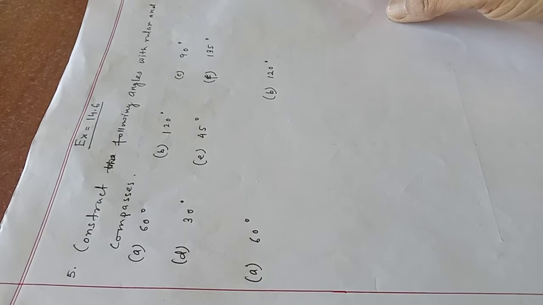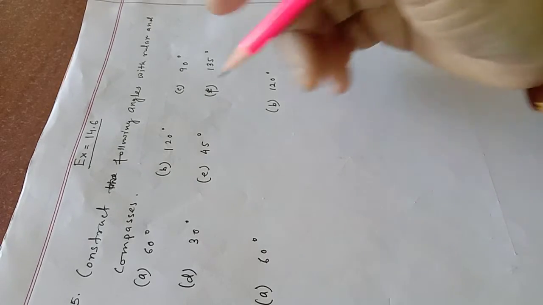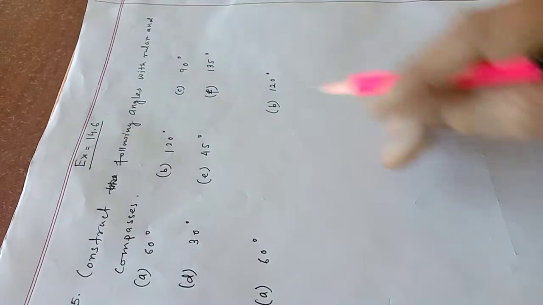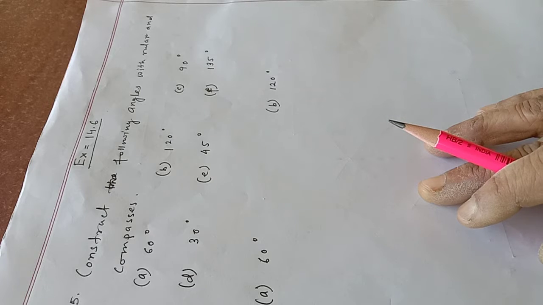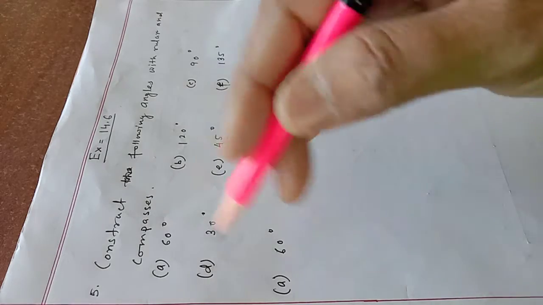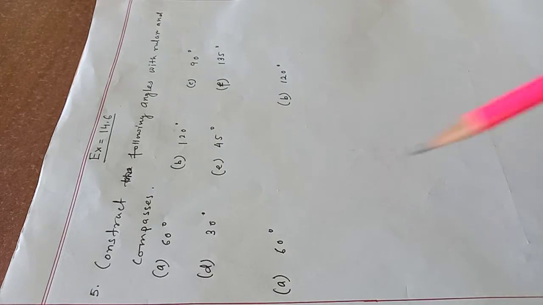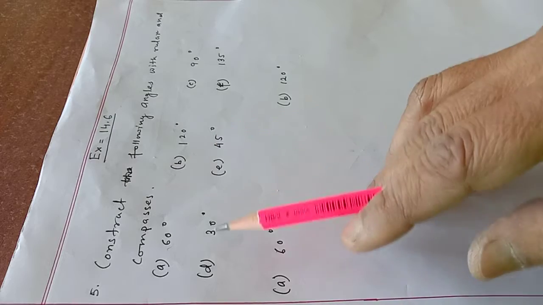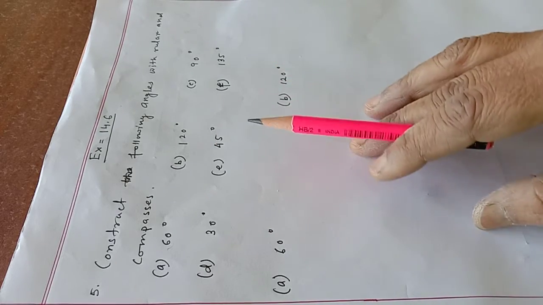Today we will do exercise 14.6 from your practical geometry, and this is the last exercise. Here you will learn a very important thing: how to draw the following angles, which you have drawn before by using a protractor.